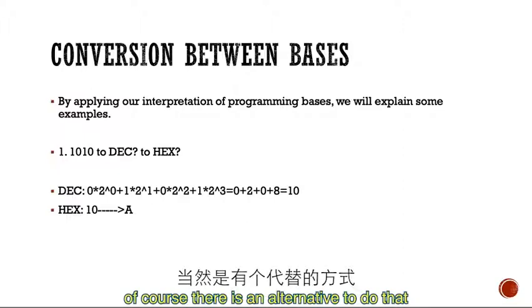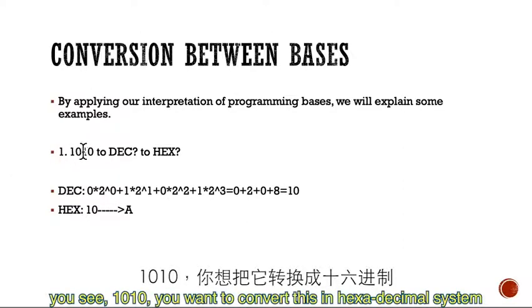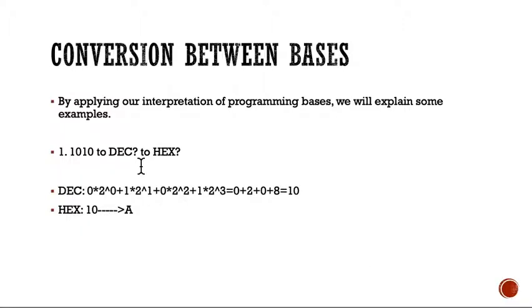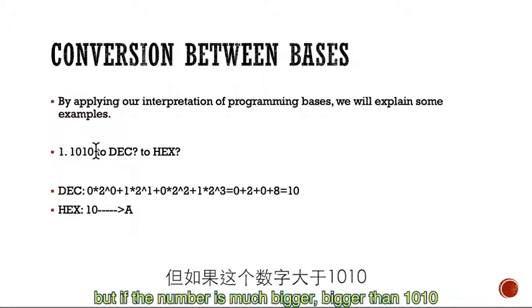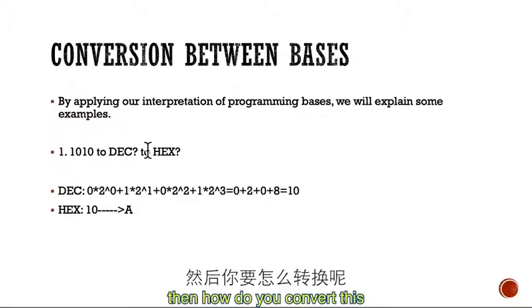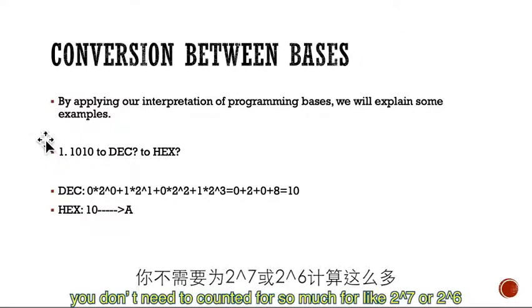Of course, there's an alternative for you to do that. You see, 1010, you want to convert this to hexadecimal. So this is basically the main method. But if the number is much bigger than 1010, like 1010 1010, then how do you convert this? You don't need to count so much, 2 to the power of 7, 2 to the power of 6.